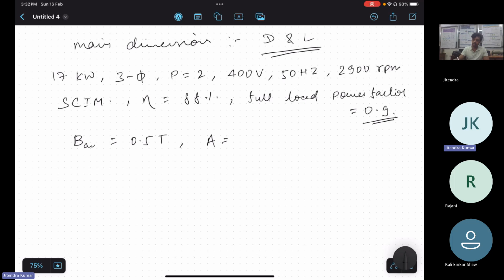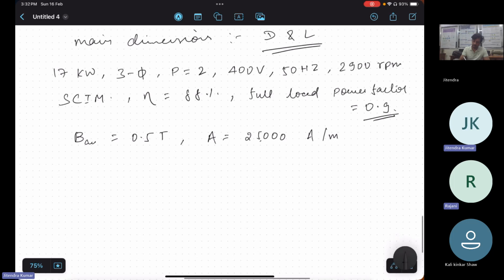Electric loading is given as 25,000 ampere conductors per meter. Or we can also write it as ampere per meter, there is no harm in that. Now, rotor peripheral speed is mentioned as 20 meter per second.